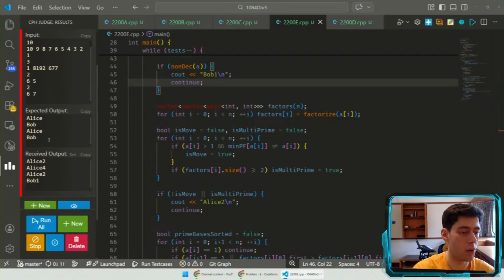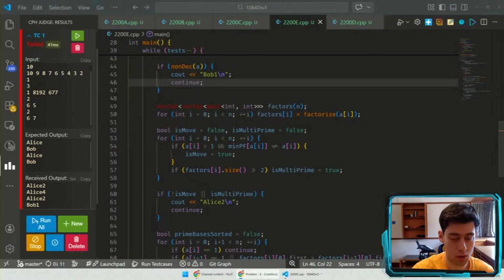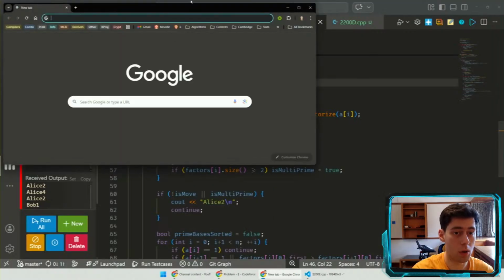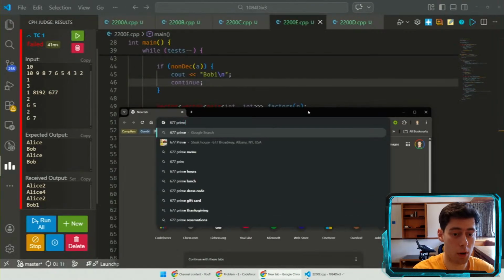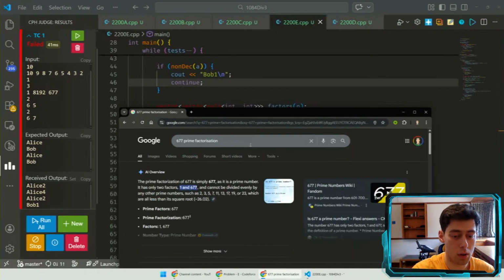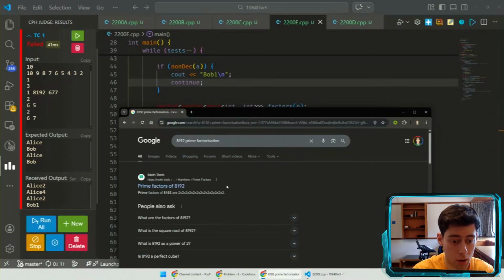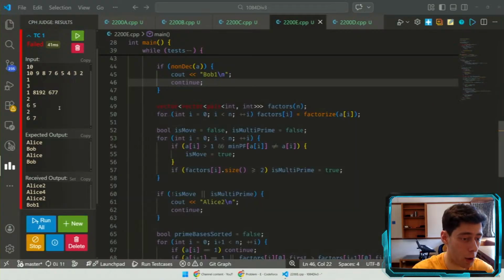Alice 2, okay. Now here, what's the prime factorization of these numbers? 6 and 7 prime factorization. It's a prime number. 8192 prime factorization. It's a power of 2. It's a mega power of 2.